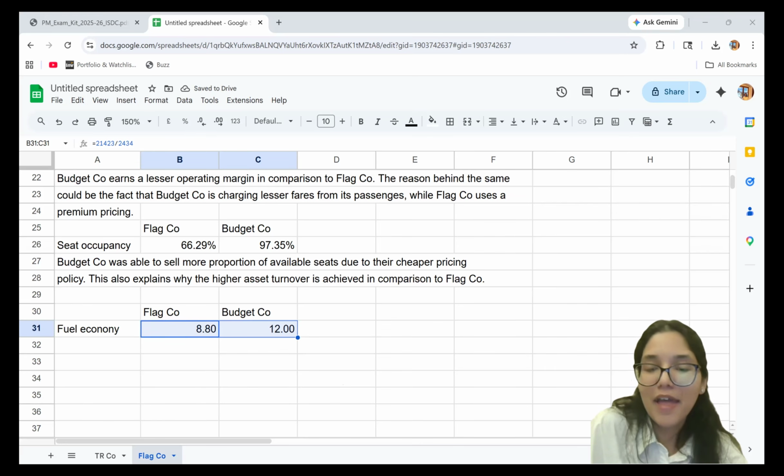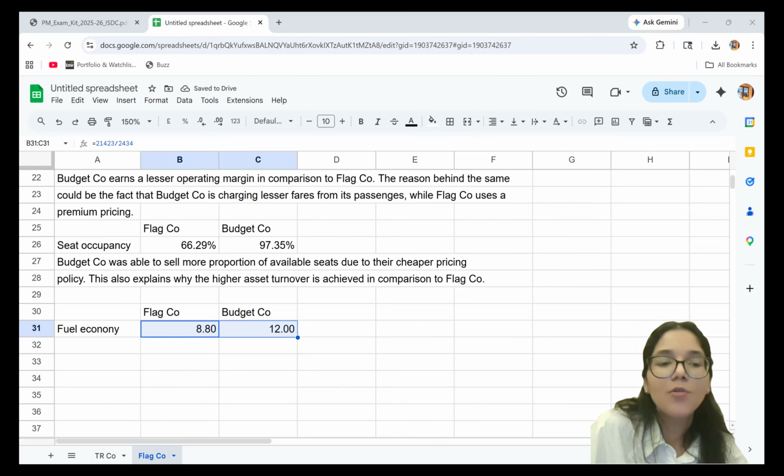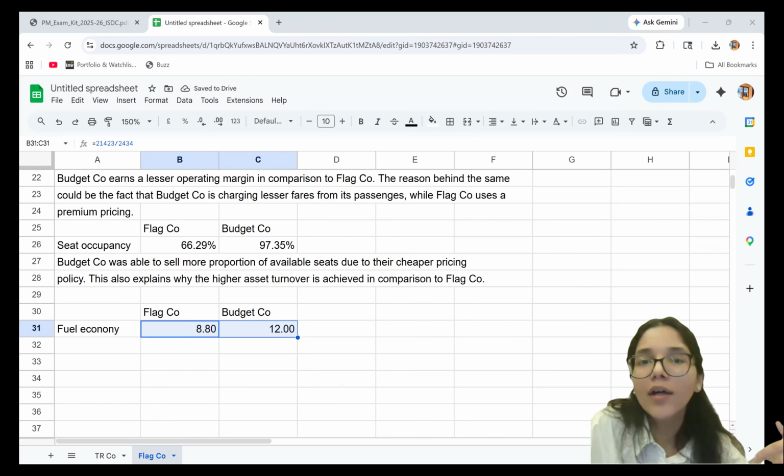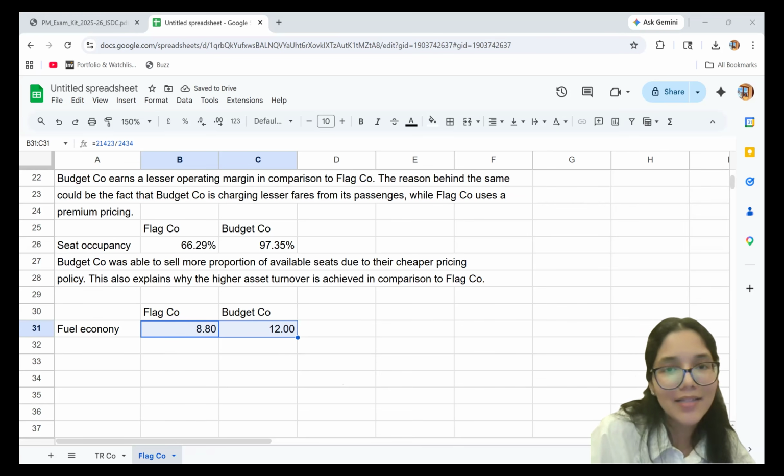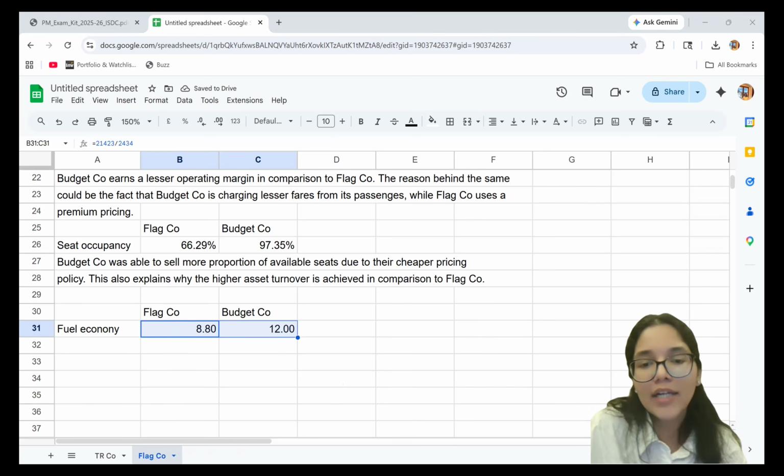Yes, newer fleet of aircraft. We know that all of the assets are no longer than 2 years old. So that helps you get a better economy. The older your car gets, the more fuel it drinks. We say that the car starts to drink the fuel. It drains the fuel more if it starts to get old. The engine, when it's older, it drinks more fuel, more oil.